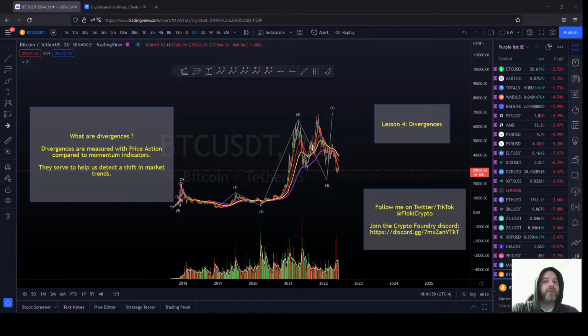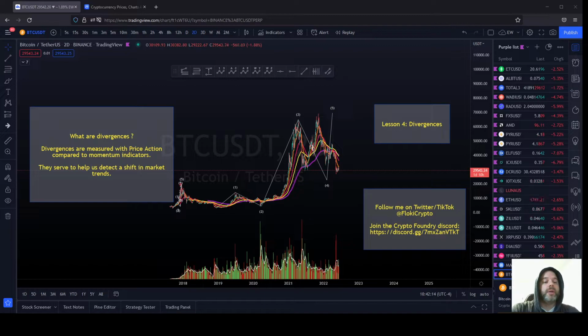So basically you're measuring price action versus momentum indicators, which can be volume, relative strength index, MACD. You can use rate of change, ROC. And what divergences help us do is to detect a change in market momentum.